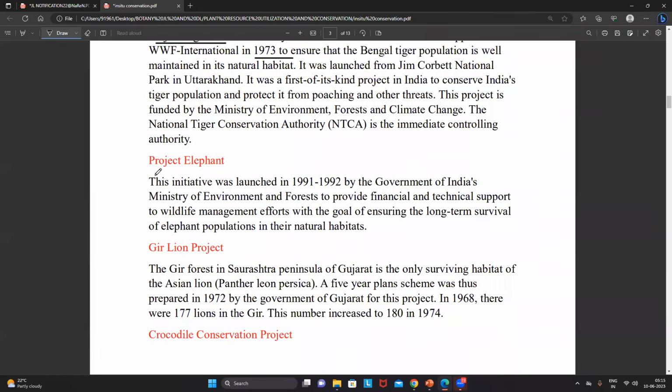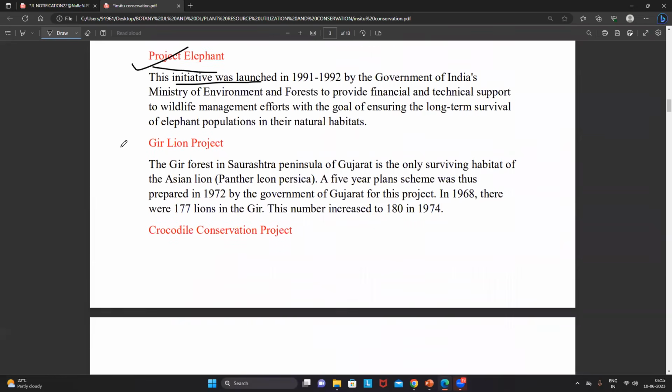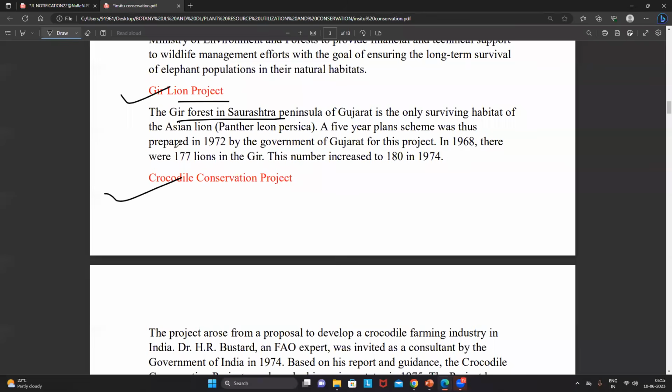Then India launched Project Elephant. Which year was Project Elephant launched and what is the aim? India launched Lion Project. Which year, and what is the function? Crocodile Conservation Project: when did India launch it, and what is the aim? That's all.